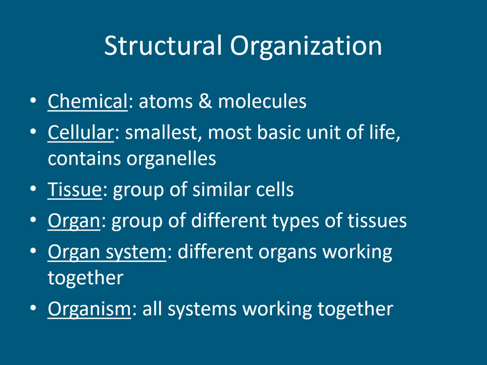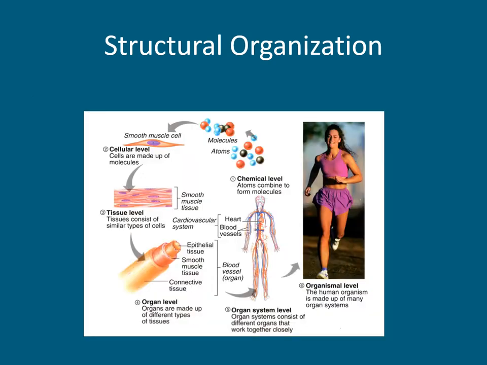The human body is composed of 11 different organ systems. And so this diagram is basically showing how you are starting at the chemical level or molecular level. You build those up to form the cells, build those up to form the tissues. You keep getting larger and larger until you're finally at that organismal level.